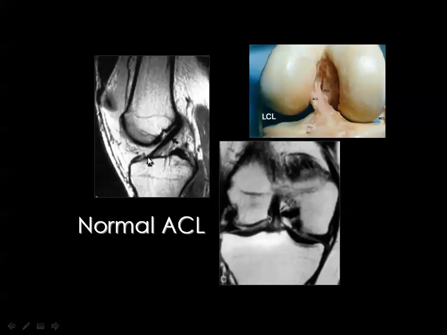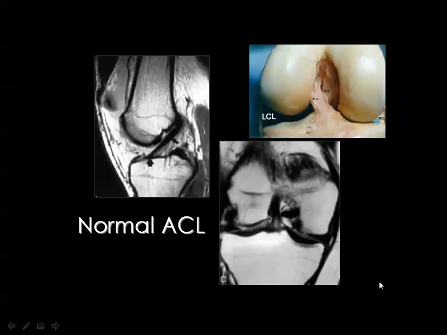The ligament should be stretched and should be parallel to the roof of the intercondylar notch. This is the roof of the intercondylar notch, and the ligament should be stretched and should be parallel to the roof of the intercondylar notch.